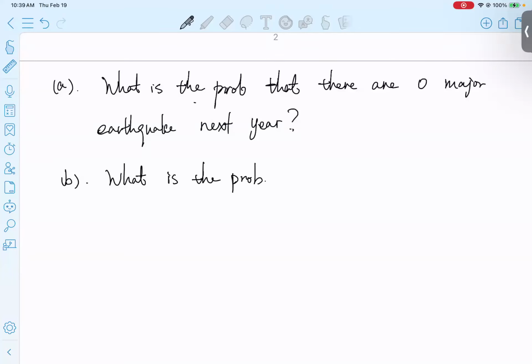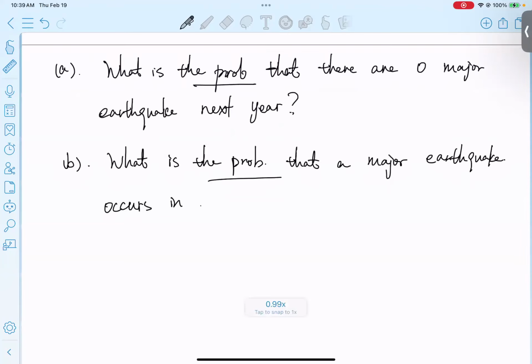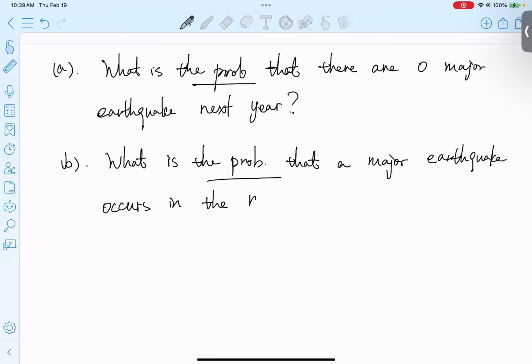Okay, so now all the questions start with calculating the probability, that a major earthquake occurs in the next 30 years.